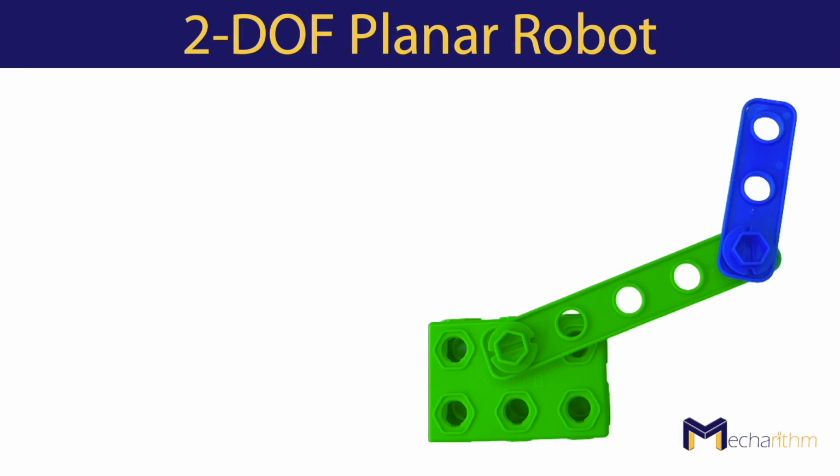Now let's see some examples. We saw before that our 2DOF planar robot has 2 degrees of freedom. Now let's see if we can get the same answer with the Grübler's formula. So for the 2DOF planar robot, the m is equal to 3 because it's a planar rigid body. So the rigid body in a plane has 3 degrees of freedom.